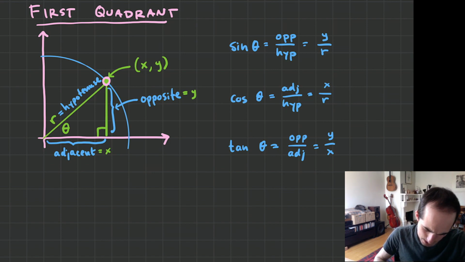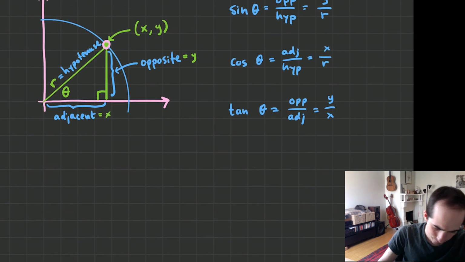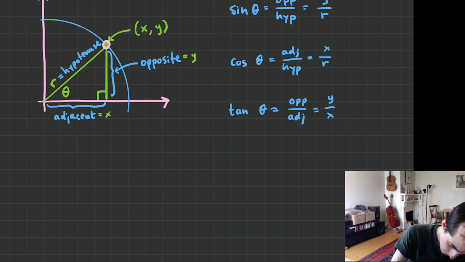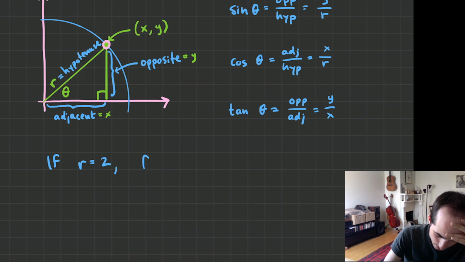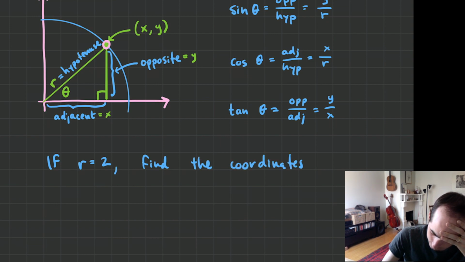So here is my question. If r is equal to 2, I want you to find the coordinates, so that is, tell me what x and y is.